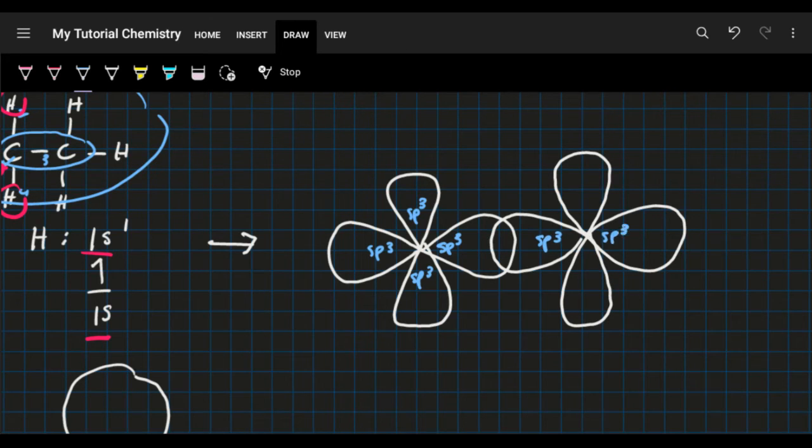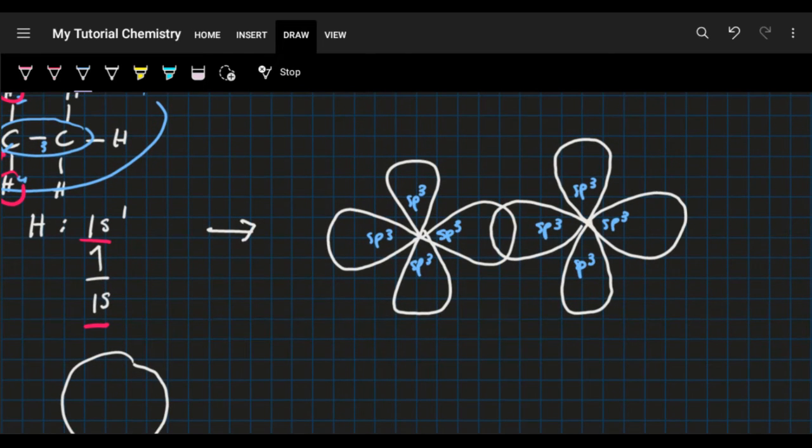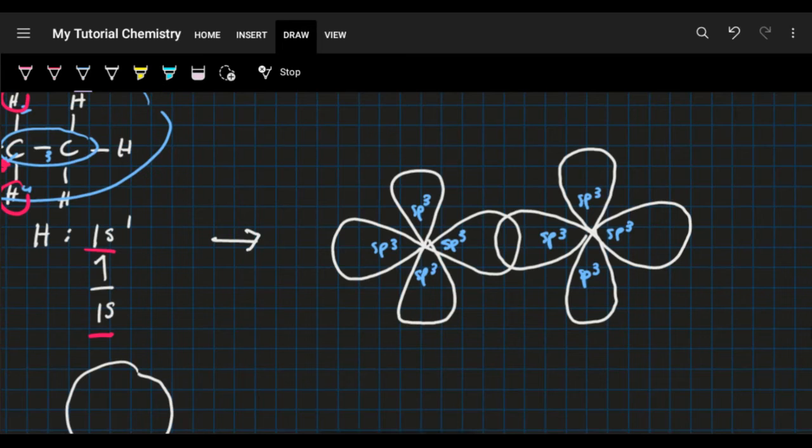Remember that every sp3 orbital has a single electron only. First do the overlapping between carbon and carbon. Next, do the overlapping between carbon and hydrogen.